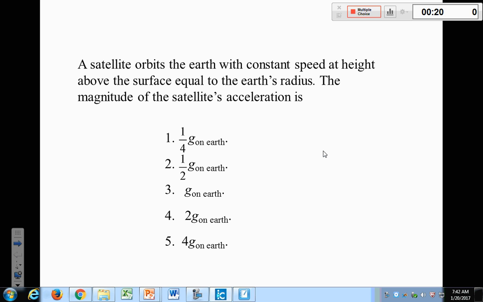Is it a quarter, a half, the same as the acceleration due to gravity on Earth, twice, or 4 times that acceleration? If it's on the surface of the Earth, it has this value. If it's 1 radius above the Earth, what is the acceleration due to gravity at that point?